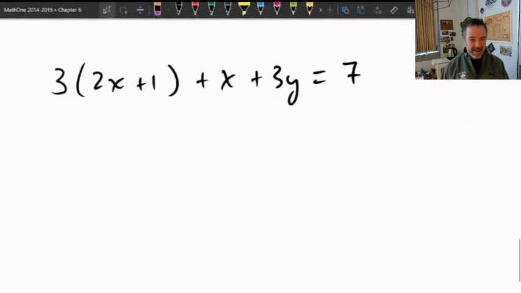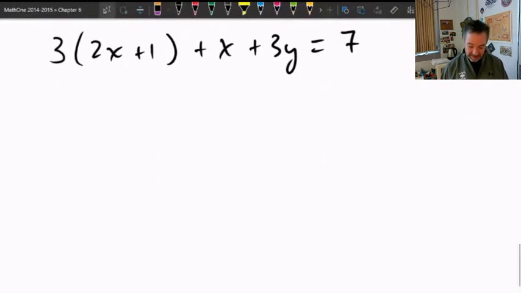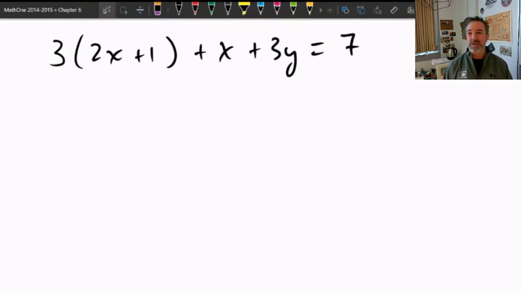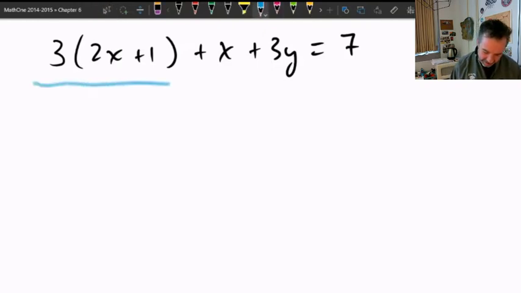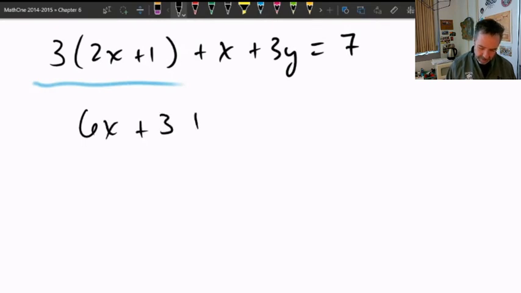One of the ideas that we've talked about recently is that I can rewrite chunks of this equation with equivalent things. So I'm going to rewrite this thing with parentheses so that I no longer have parentheses there. If I rewrite that chunk, it's going to become 6x plus 3 plus an additional x plus 3y equals 7.